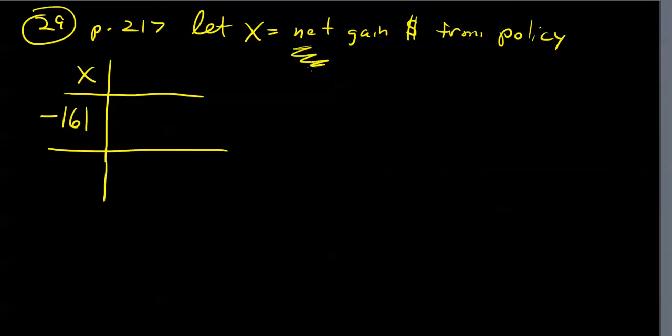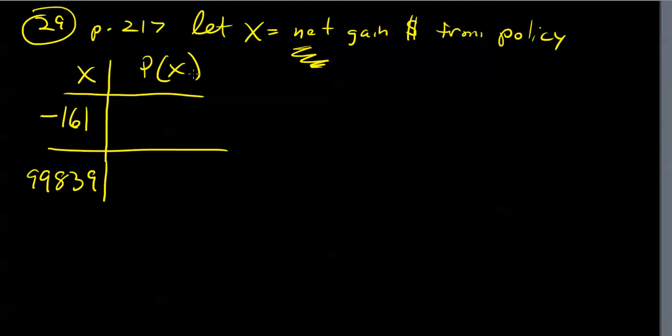Now, I'm assigning x as a net gain, so I have to take $100,000 and subtract the $161 that he paid for the policy, and that leaves me a value of $99,839 that the insurance company would pay out in the case of the man's death. Okay? So two values of x, negative 161 and positive 99,839. Be careful of those signs. Both of these outcomes occur with different probabilities.